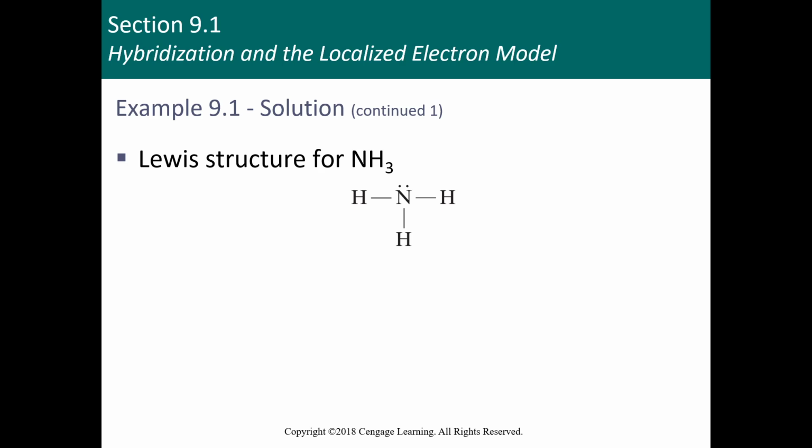And so each hydrogen would have 1 valence electron, so that would be 1, 2, 3 from NH3. Then we would look at N. We look at that on our periodic table, and we see that that is in group 5. And so group 5, that would mean 5 valence electrons. That means that we have a total number of valence electrons of 8.